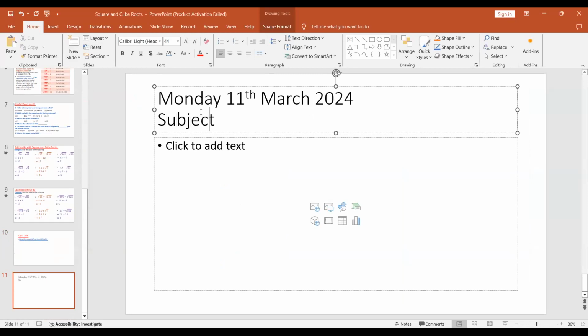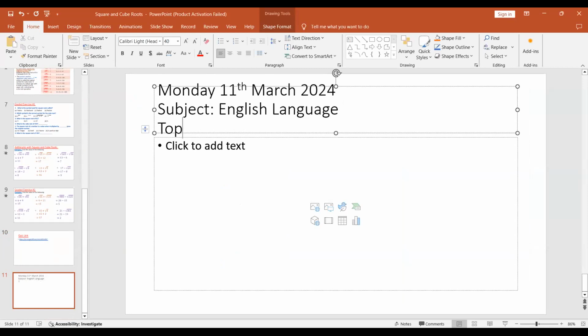The subject is, of course, English language. The topic is, we're going to be looking at alliteration and onomatopoeia.